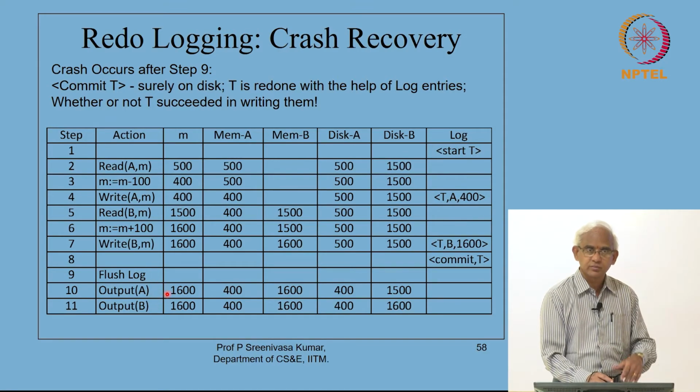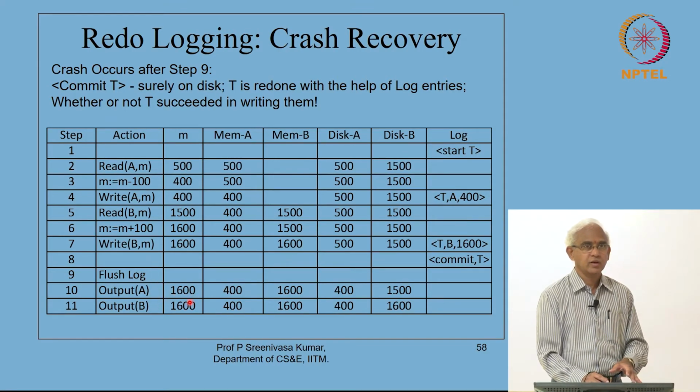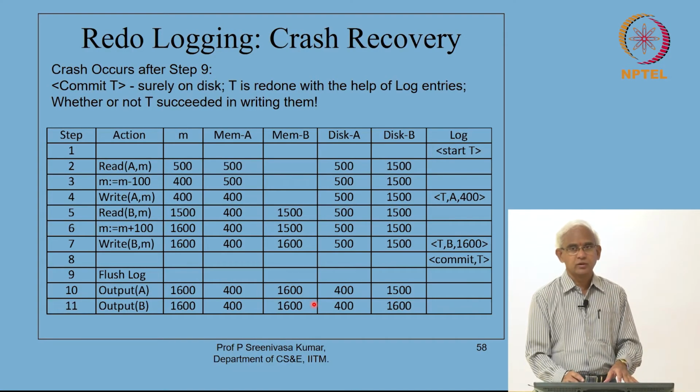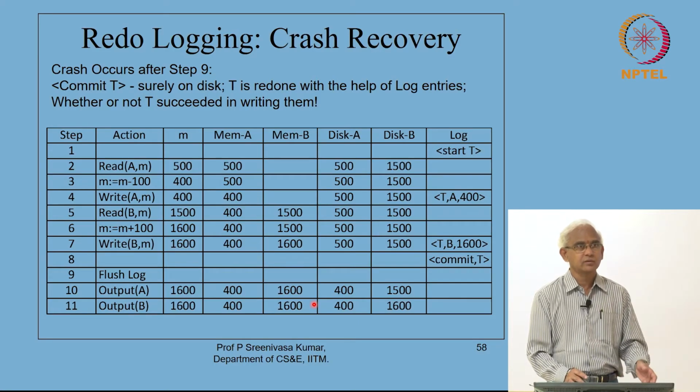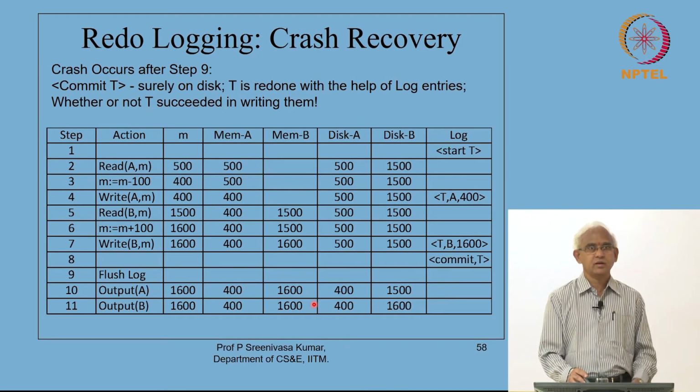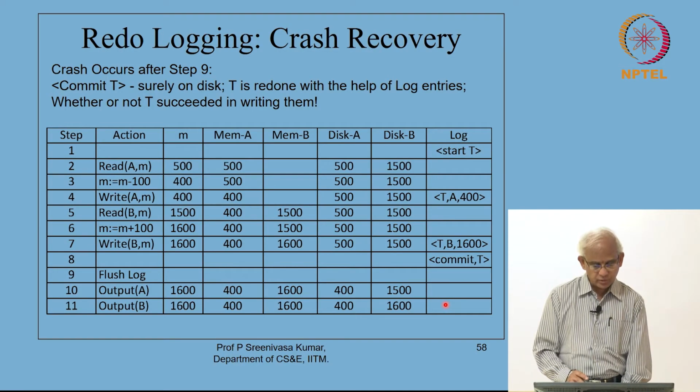We will simply ignore all those possibilities, because writing the new values again does not matter if you do it again. We will do some additional work which might involve rewriting the same values, but it is safer. So that is what the redo logging method is.